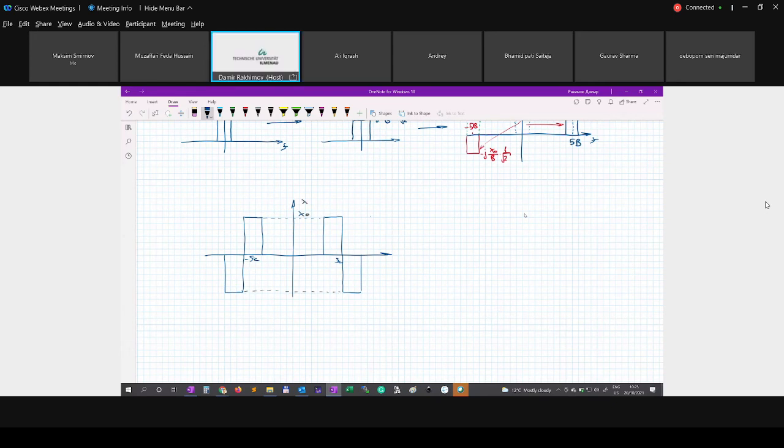We have signal X of f. And also we know that the range equals to 2B. So this is our spectrum. And now we need to find the spectrum in low pass range.